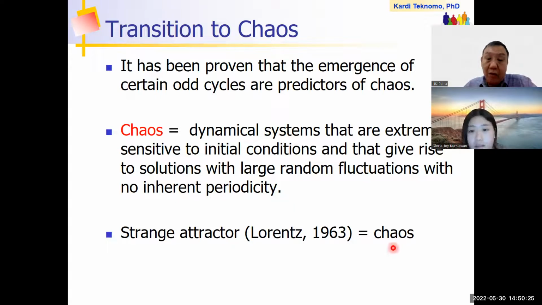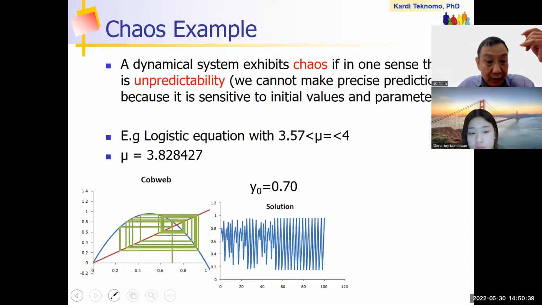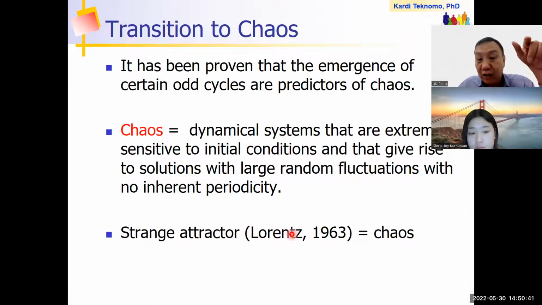Okay, so one of the examples found by Lorenz in 1963, they call it the Lorenz attractor. Okay, this is three differential equations. I did not put it here anyway, so you can check. Look, the Lorenz attractor in Google.